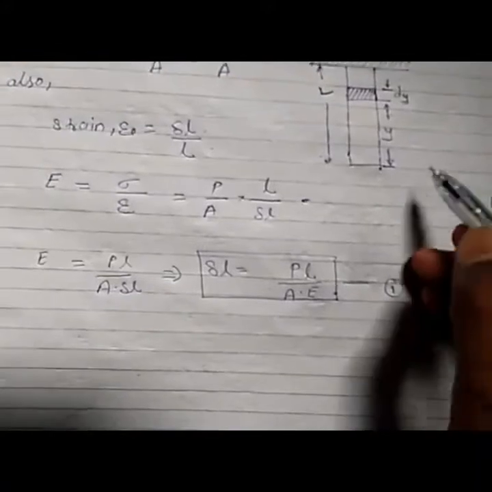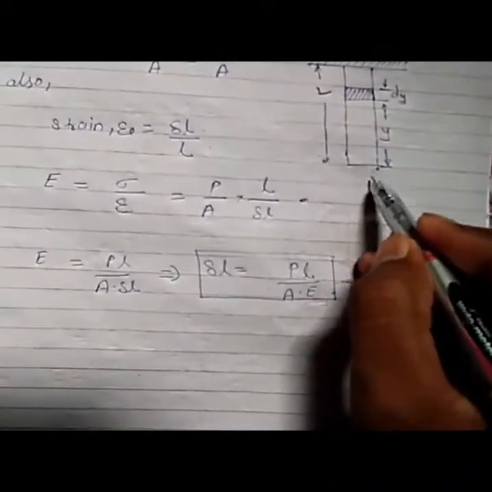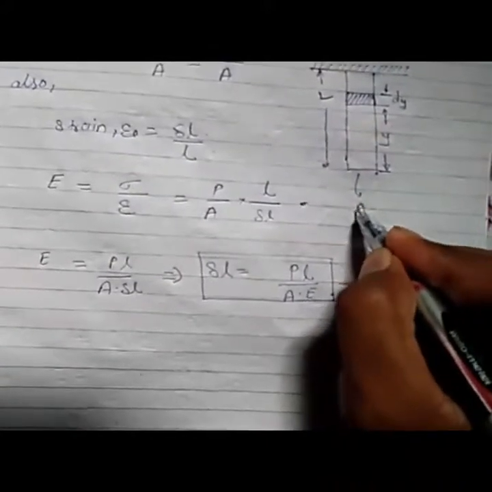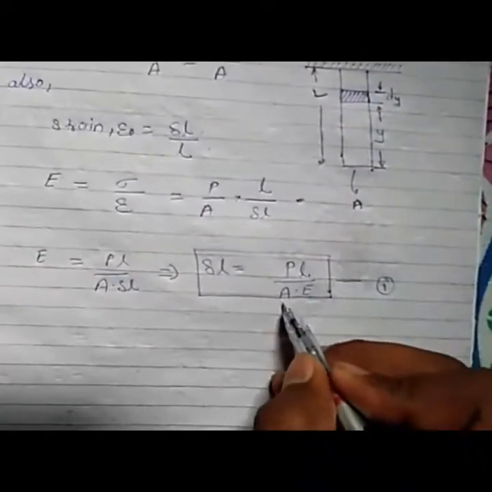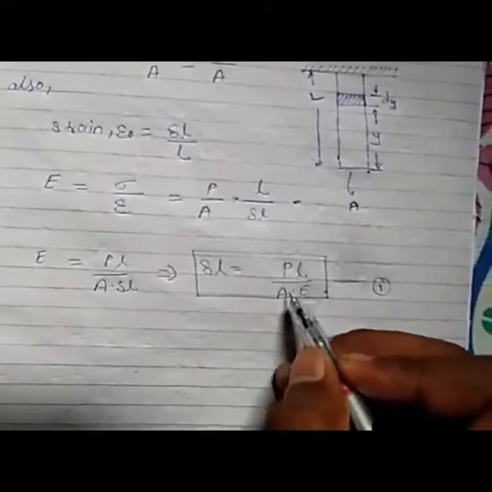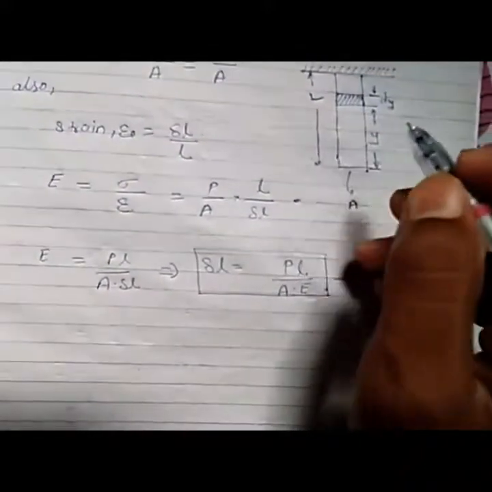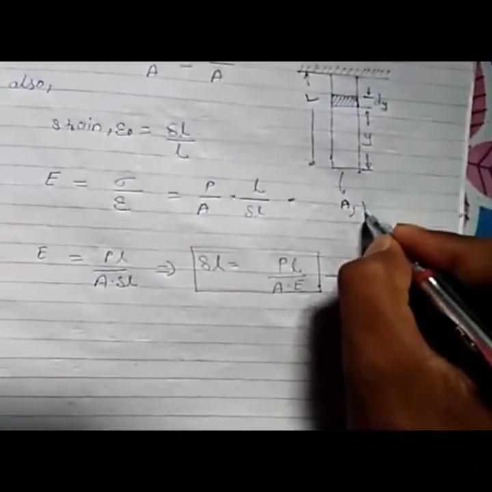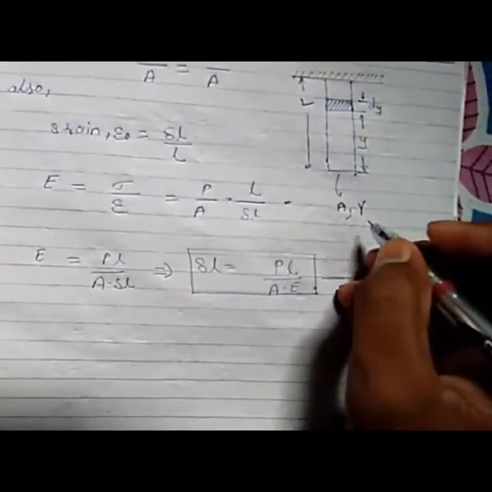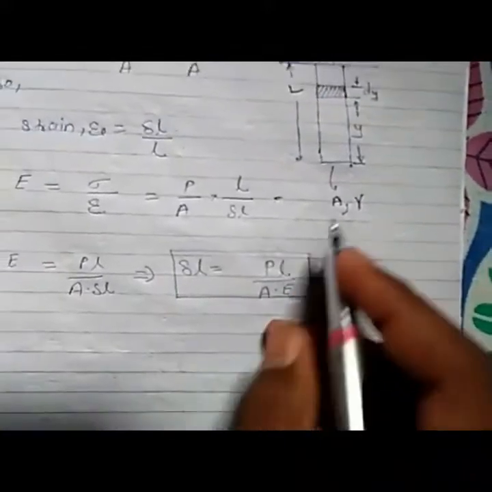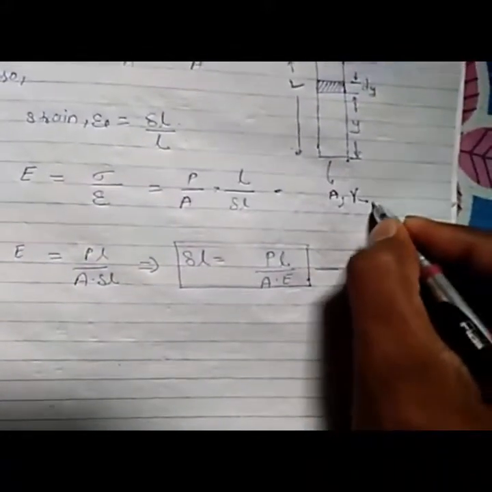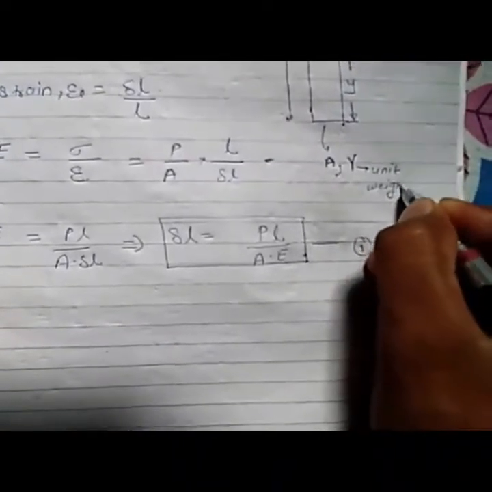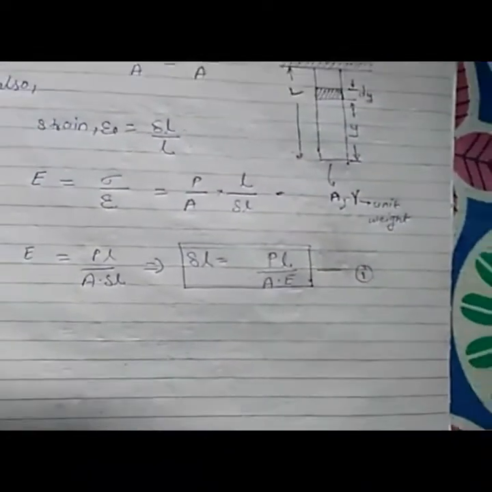Now we assume the cross-sectional area of this bar as A, and suppose the unit weight of this bar is gamma.